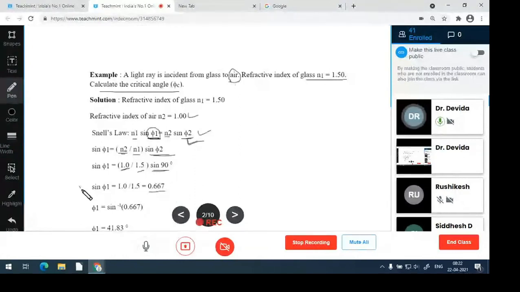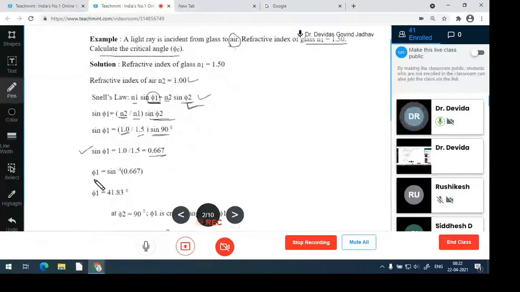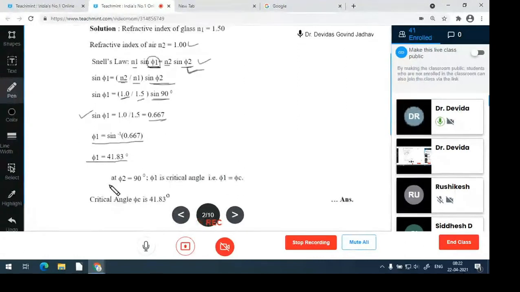So sine theta 1 is 0.667. So theta 1 is sine inverse of 0.667, and sine inverse of 0.667 is 41.83. At phi 2 equal to 90 degrees, phi 1 is the critical angle, that is phi 1 is phi c.